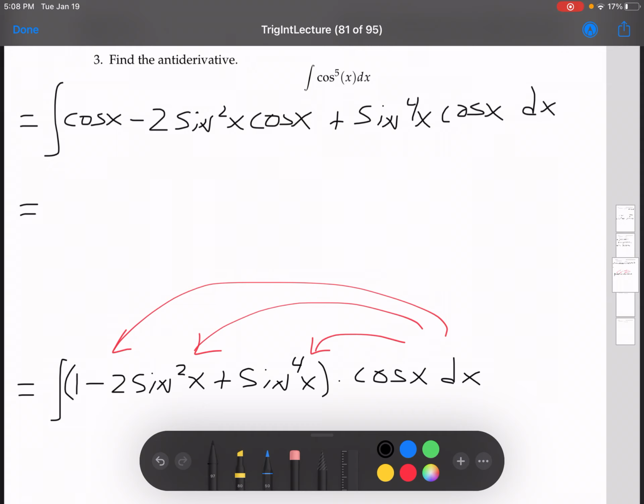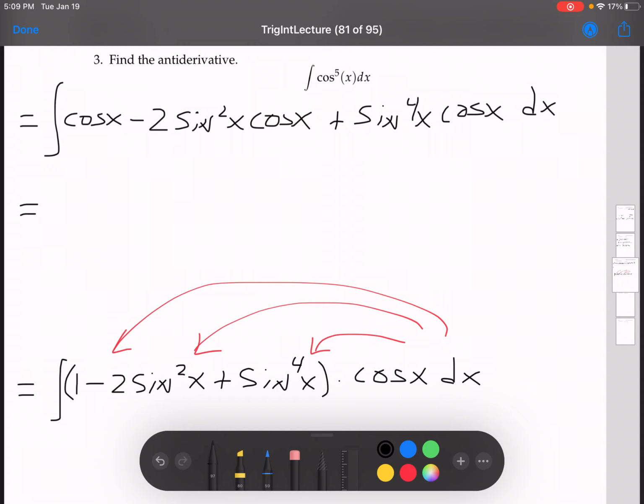Now I want to emphasize that what we're trying to do here is often reduce down to these forms that I talked about in the first trig integral lecture video, where notice here we could use a u substitution with u equals sine squared x.